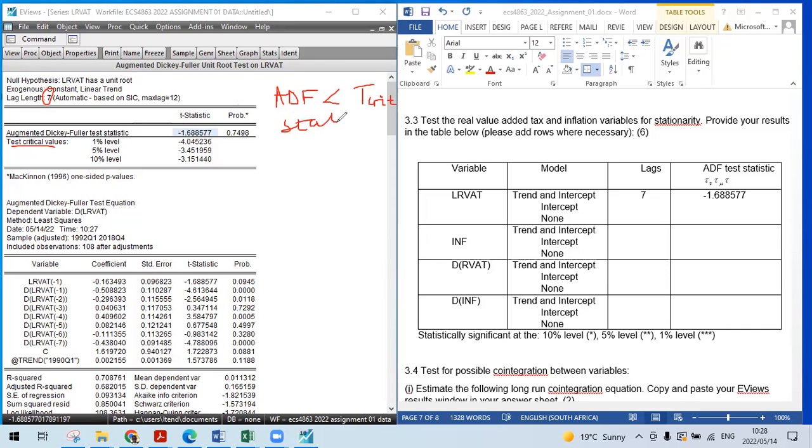So we're looking at the ADF here. If the ADF is less than the test crit, conclude that the variable is stationary, right? So let's quickly do it. How do we do it here?